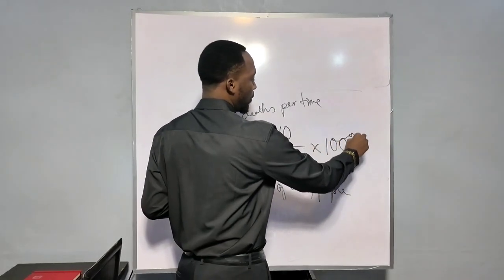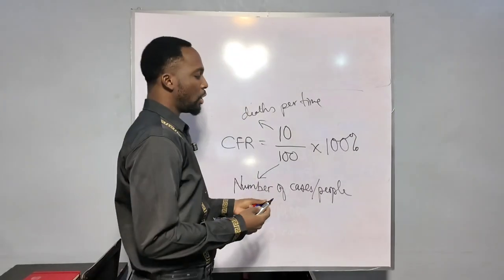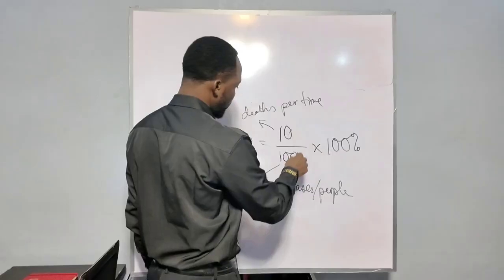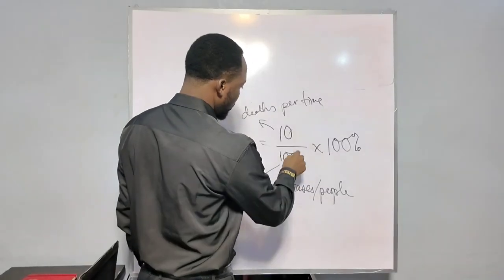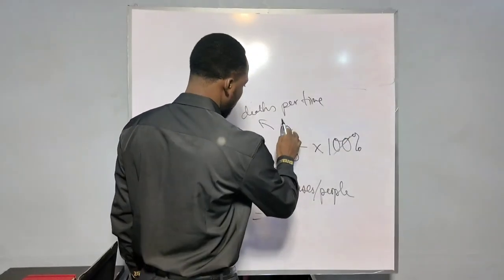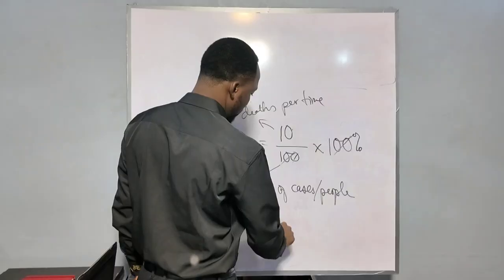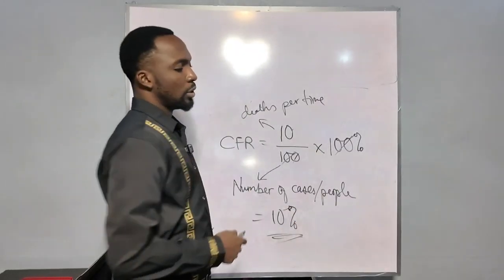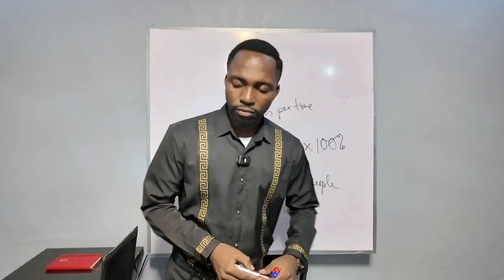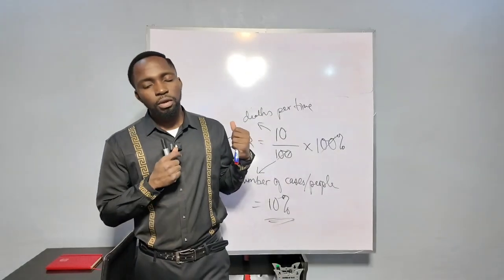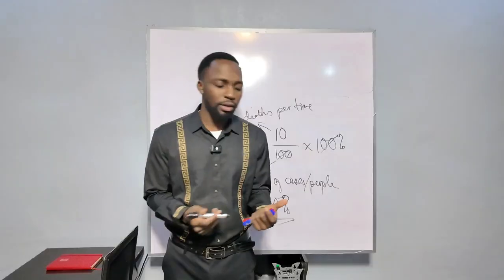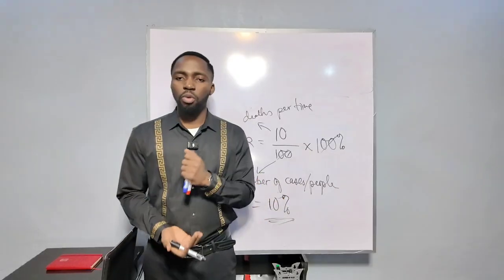Here we don't use the times 1,000 multiplier; it's a rate in percentages. So this becomes 10, and we have 10% for this hypothetical case. The case fatality rate in this example is about 10%.